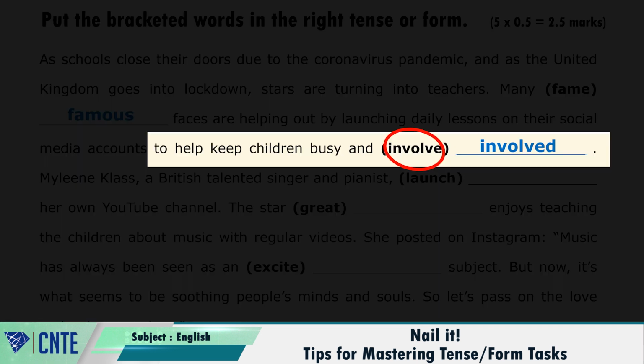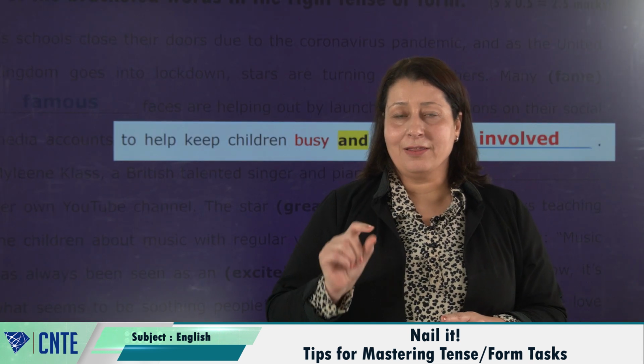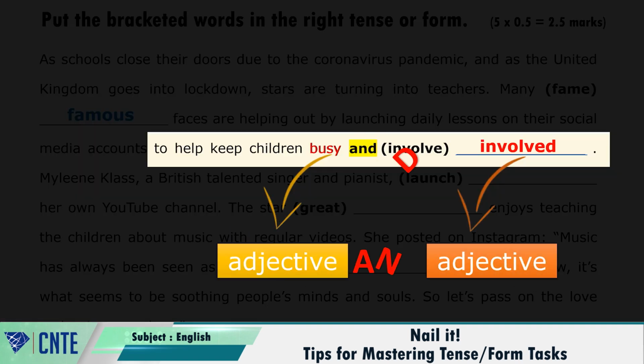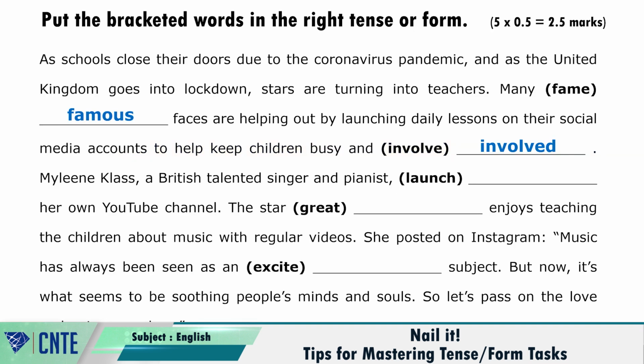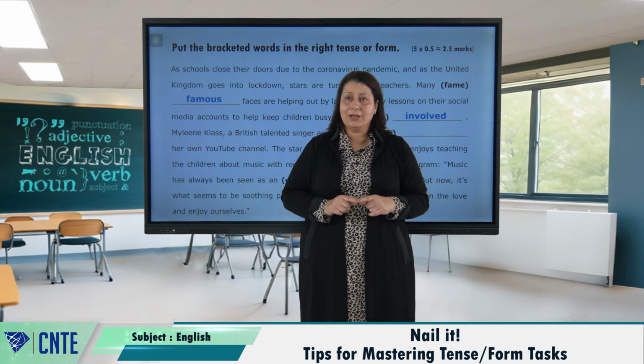Keep the children busy. Busy is an adjective. There is the coordinating conjunction and. So after and, we will write another adjective in order to have a parallel structure. Adjective and adjective. So the right answer is involved. See, we just add D to involve and we'll get the adjective.